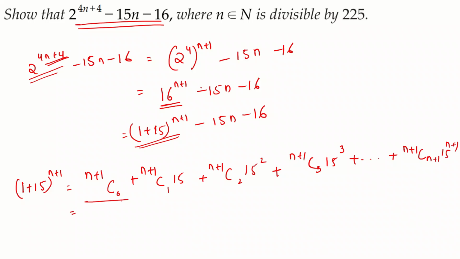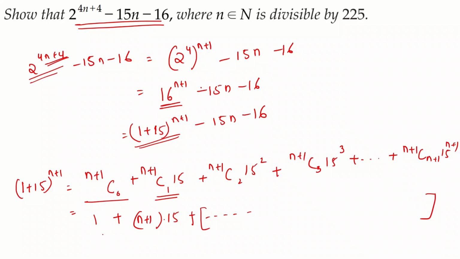Now what is the value of n plus 1 c0? It's 1, plus what is the value of n plus 1 c1? It's n plus 1 into 15, and then whatever is there I don't mess with it, I keep it as it is. So I'm not writing it down, but you write it down yourself.